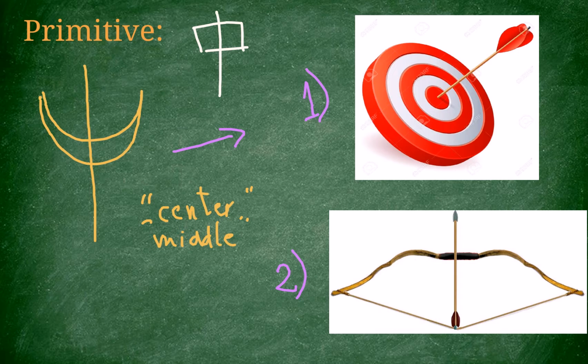So where does China come in? Well, China comes in later on, because in ancient times, of course, every nation thought themselves to be the center or the middle of everything. China was no different.